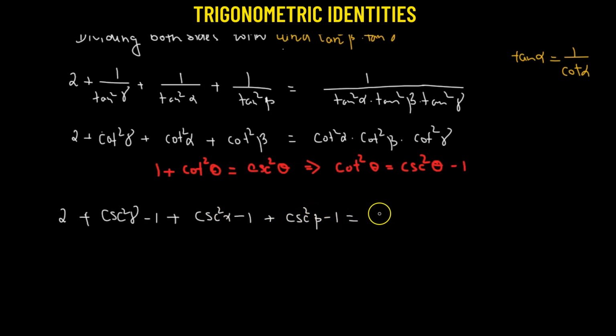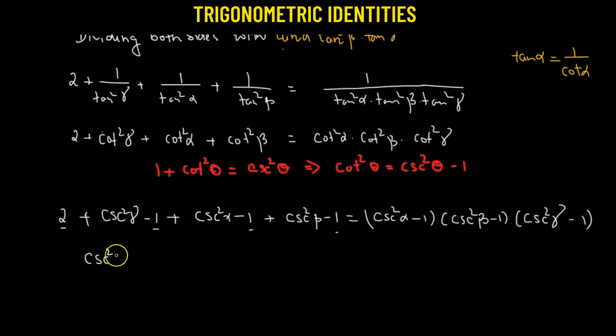On the right hand side, also, we're going to have cosecant squared alpha minus 1 multiplied by cosecant squared beta minus 1 multiplied by cosecant squared gamma minus 1. So we can add 2 with minus 1, minus 1 and minus 1, which gives us minus 1. So cosecant squared gamma plus cosecant squared alpha plus cosecant squared beta minus 1 is equal to the product.